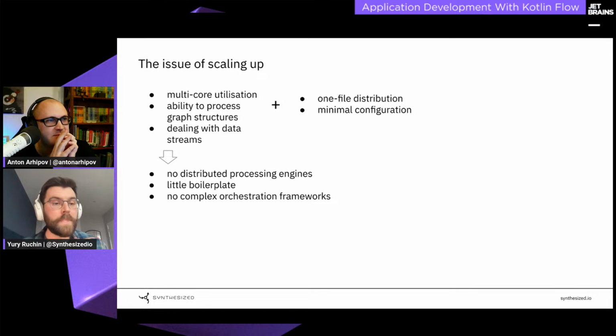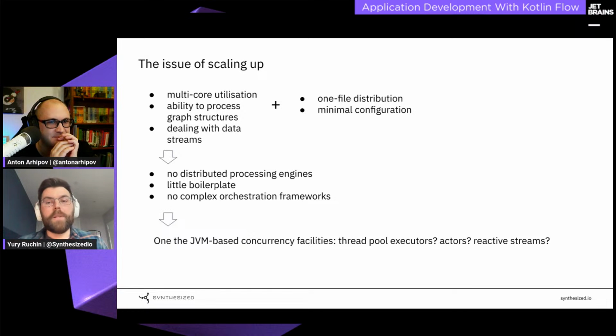Simply speaking, we were left with just JVM-based concurrency within a single JVM instance. Probably for most of you, that's a very well-known set of facilities. Of course, plain old thread pool executors and so on. Actors maybe, reactive streams.